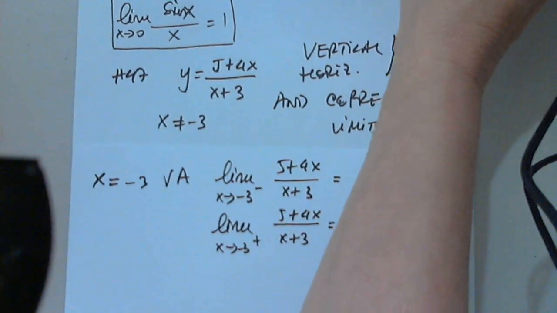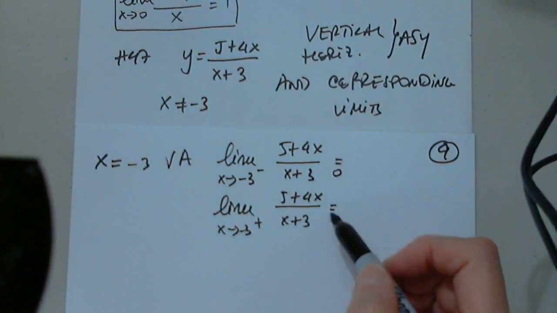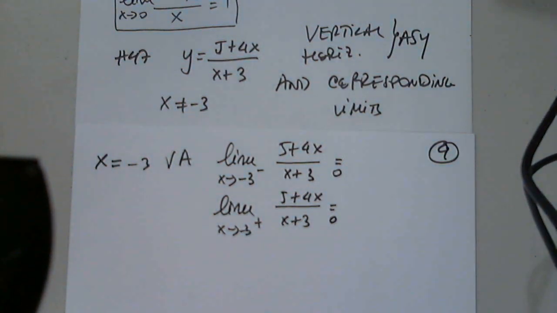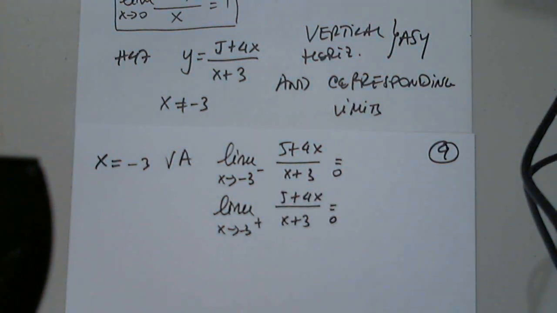Let's identify the sign of the numerator and the sign of the denominator, because whatever this is, it's over 0. We know that. Otherwise, it would not be a vertical asymptote. So 4 times -3 is -12. -12 plus 5 is negative.